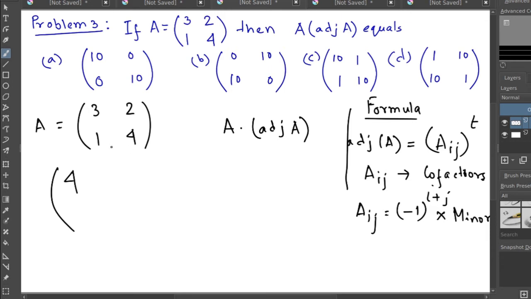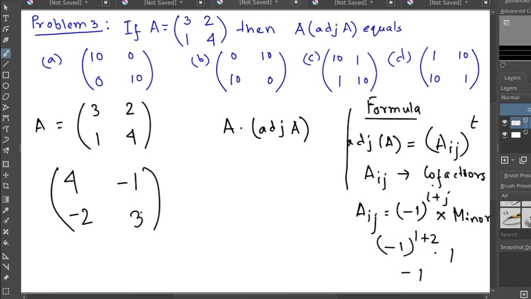The cofactor would be -1 to the power 1 plus 2, times the corresponding minor, which is 1. So -1 to the power 3 is -1, so the cofactor is -1 here. Similarly, the cofactor of 1 would be -2, and the cofactor of 4 is 3. You can check it out.